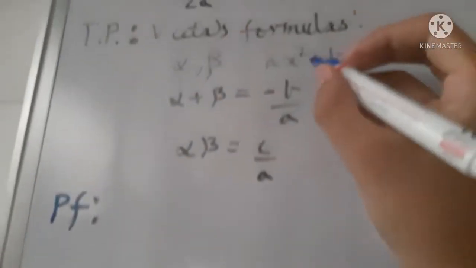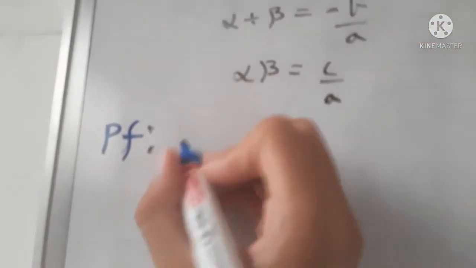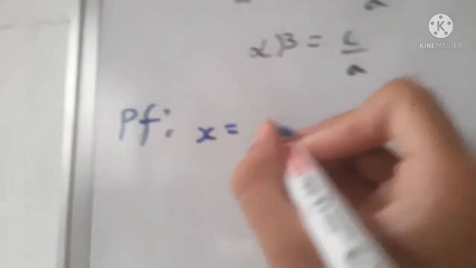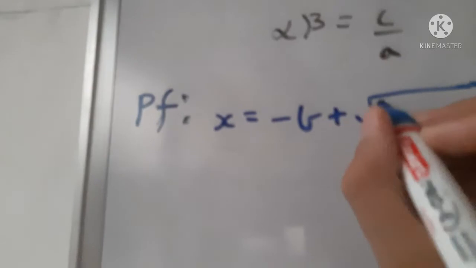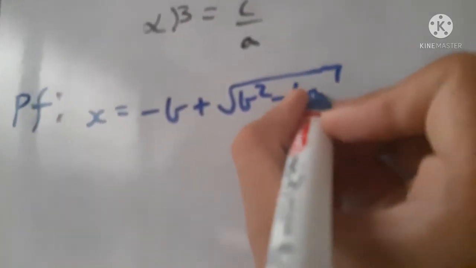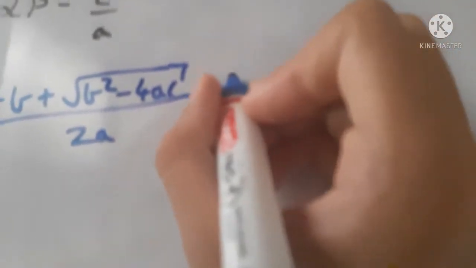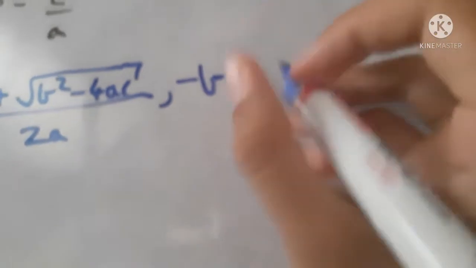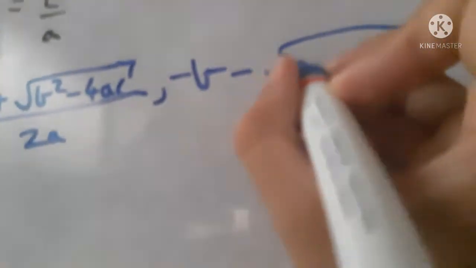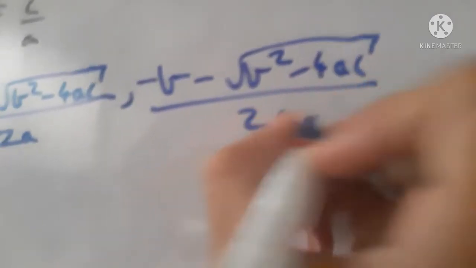We know that the two roots of this equation are x equal to minus b plus the square root of b squared minus 4ac upon 2a, or minus b minus the square root of b squared minus 4ac upon 2a.